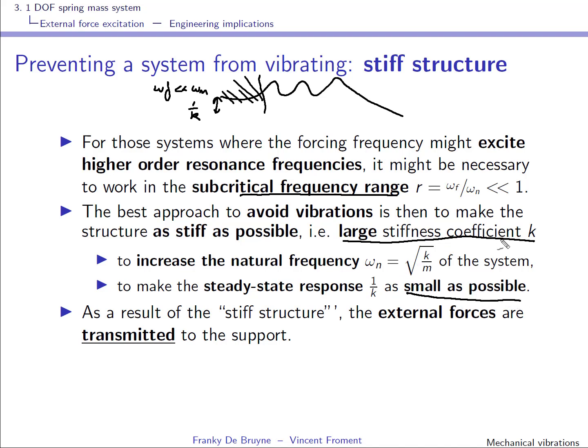The advantage of working with a k that is large, of course, is that this natural frequency will shift to the right. The downside of working with this stiff structure and with forcing frequencies that are much lower than the natural frequencies is that the external forces are transmitted one-to-one to the support.